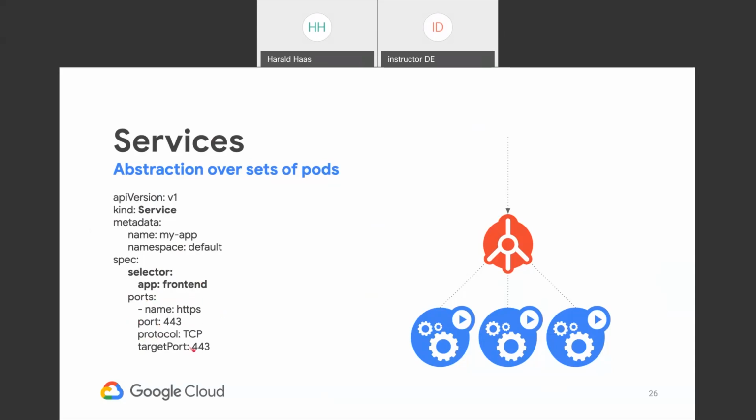Ports in the containers and on the service don't necessarily need to match. So the service could be HTTPS and listening on port 443, but the pod could be exposing 10443, for example, and the web server could be running there, which is absolutely no problem because, again, the service is kind of a load balancer.